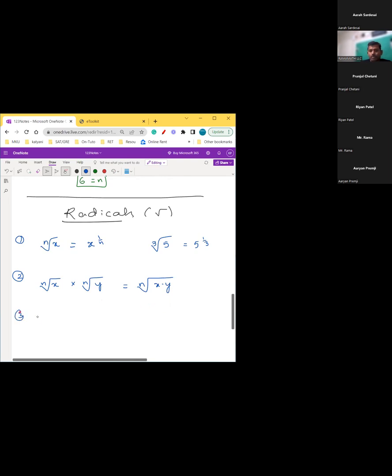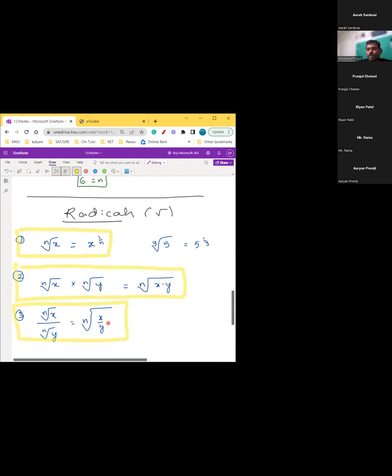Same with rule number 3, nth radical x over nth radical y. I can keep that nth root of x over y. We can do that. Okay, so these are the 3 rules on the radicals. Pretty much we use them. So make sure you make flashcards for these, and that way it makes your life easier.